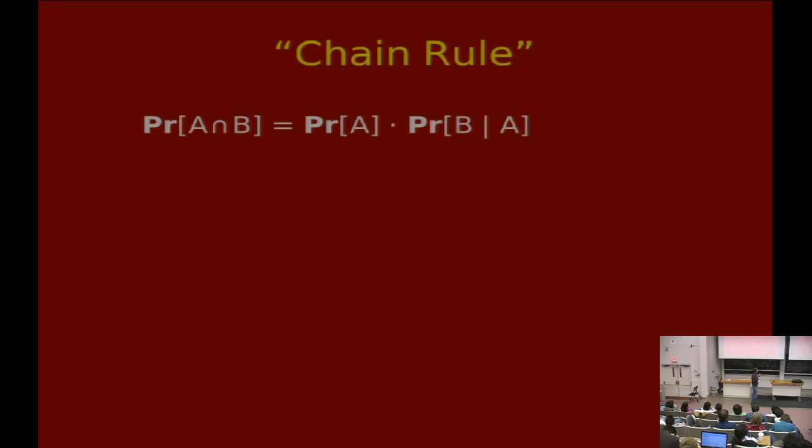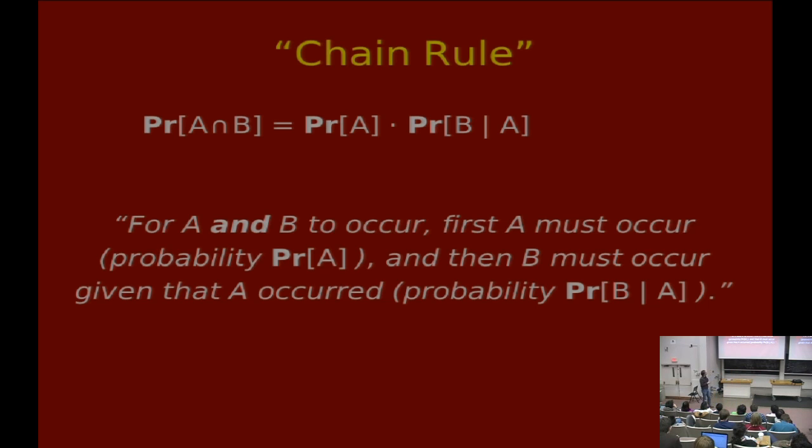I say to myself, well, first A has to happen. The probability of that is probability of A. And then conditioned on A happening, B also has to happen. So that's where you get this term probability of B conditioned on A. Okay, here's the sentence I just told you.